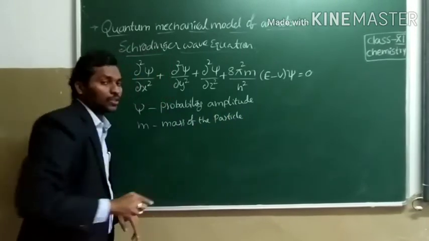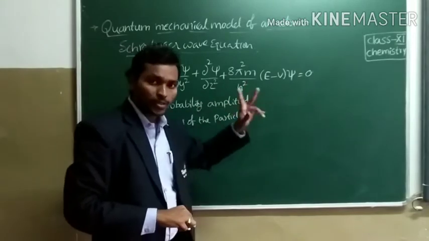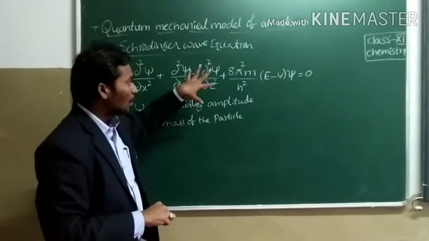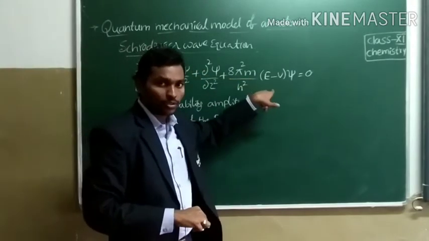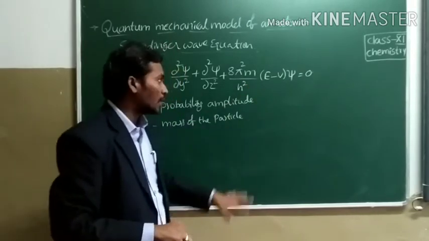When radiation is in motion, it possesses both particle and wave nature, that is the dual nature of matter. Dual nature of matter is possessed by the electron. That's why here m is the mass of the subatomic particle.